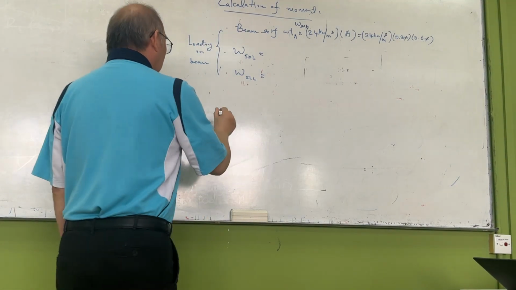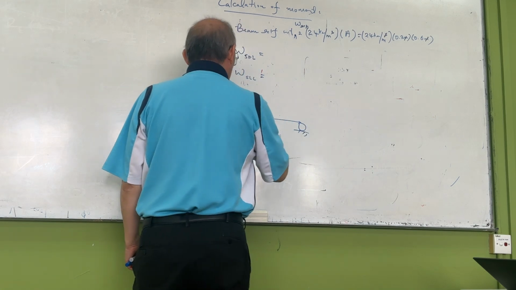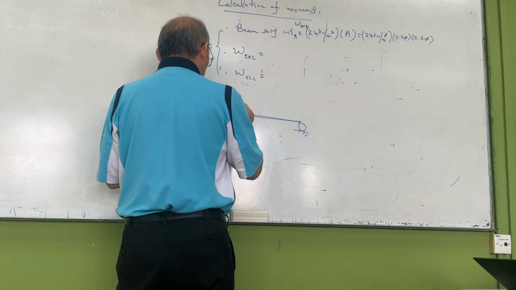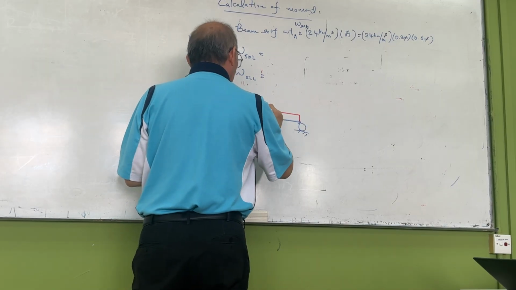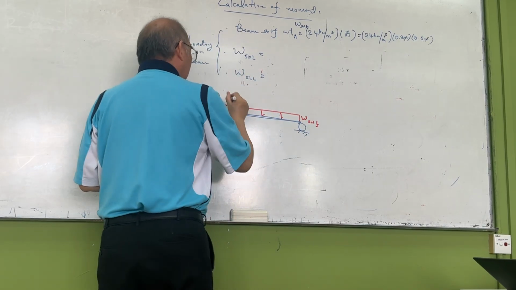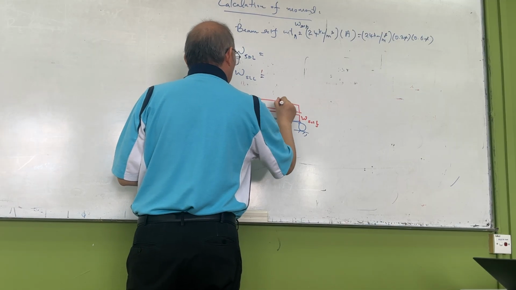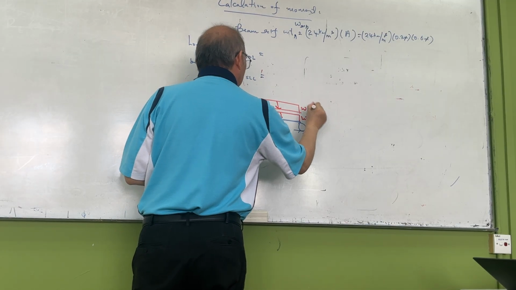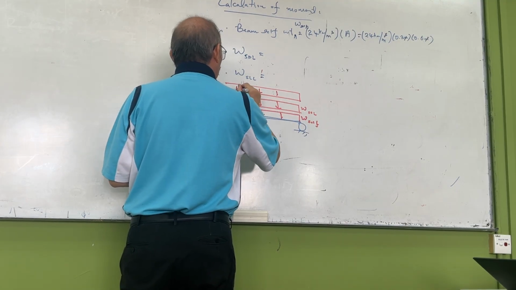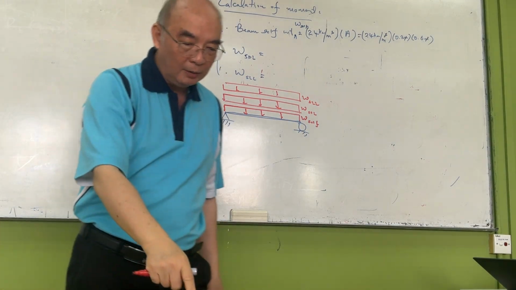Let's say this is the beam. So we have uniform load. This is the W self-weight. Then we have the superimposed dead load, and then superimposed live load.